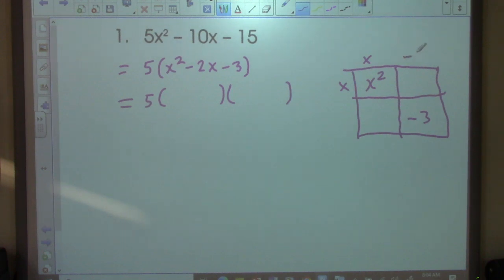Well, if you recall, if you take negative 3 and 1, then you have negative 3x here, and positive x here, then you add these together, you get negative 2x. So the factored form is going to be 5 times (x minus 3) times (x plus 1).